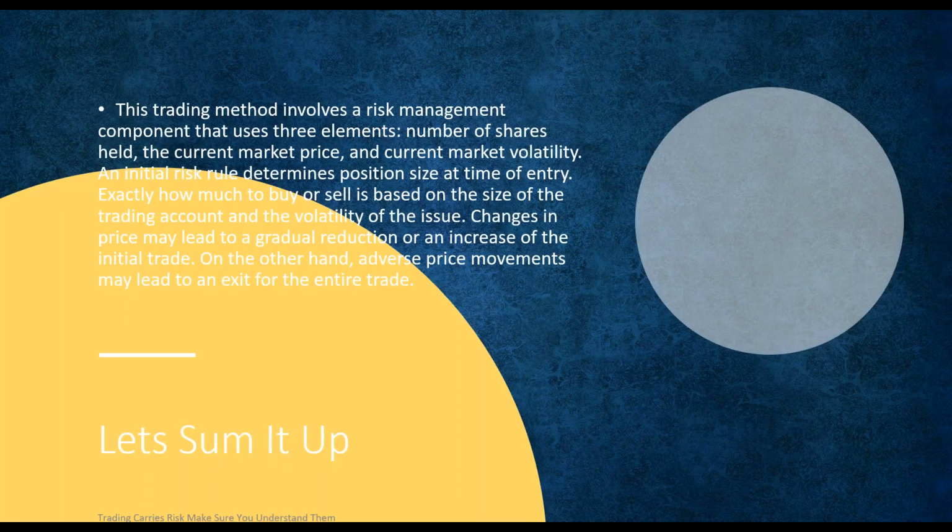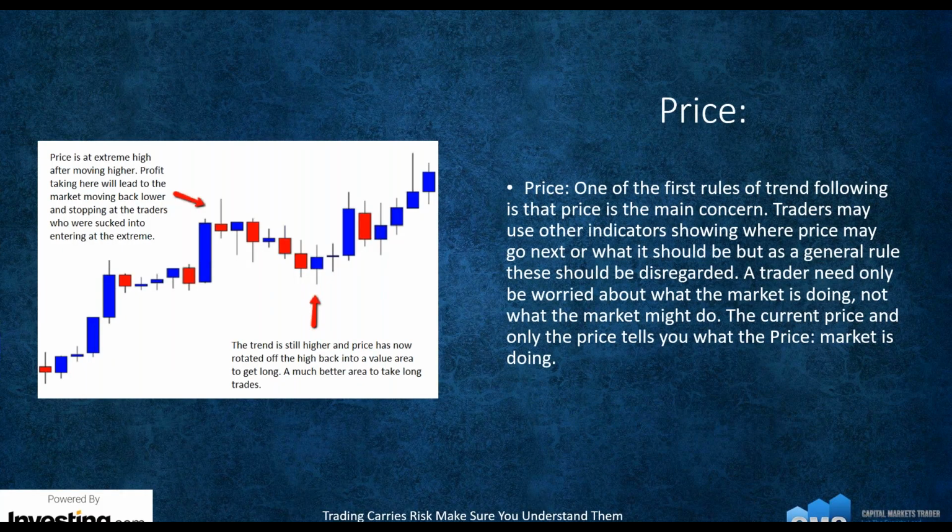So this trading method involves a risk management component that uses 3 elements: the number of shares or CFDs you're trading, or the size of your trade, and the current market price. One of the first rules of trend following is that price is the main concern.